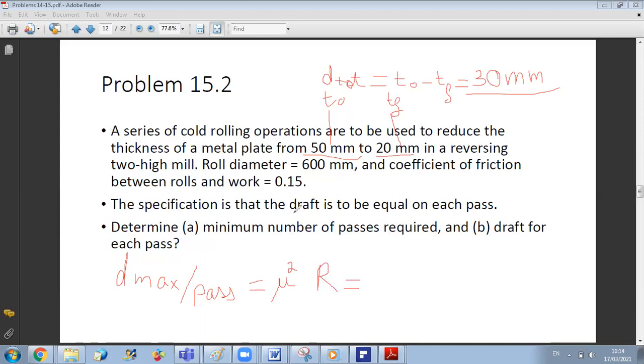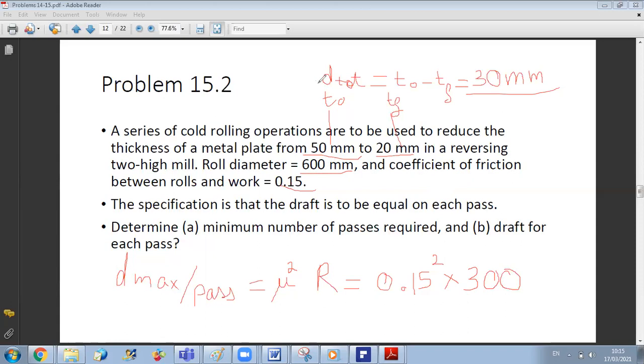Here mu is given, it's 0.15, so I have 0.15 squared, and I pay attention here. If I got already the draft in millimeters, I will take the maximum draft per pass also in millimeters. Since the diameter is 600 millimeters, then the radius is 300 millimeters. So I get then the maximum draft per pass.